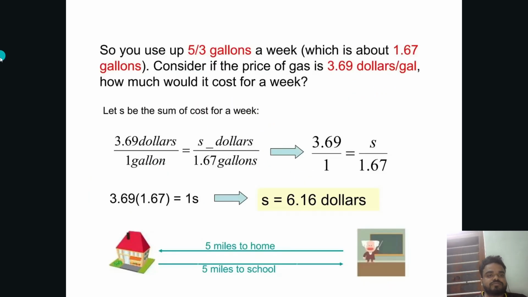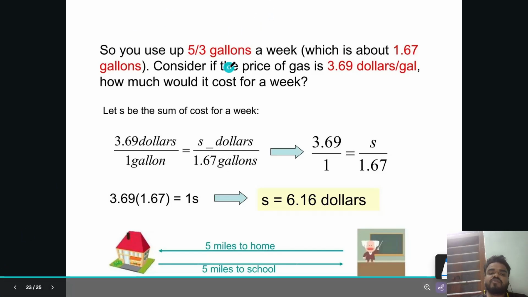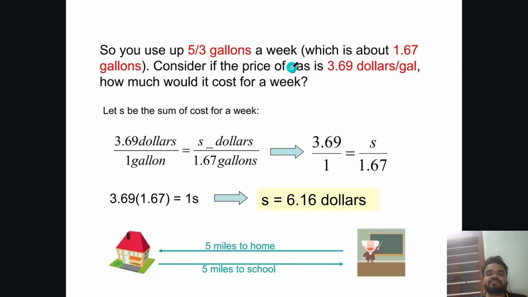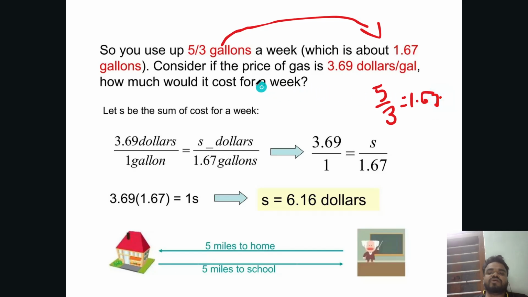One more question. So you use up 5 by 3 gallons a week. If you convert it to decimal form, it becomes 1.67. That means 5 by 3: 3 ones are 3, then 2 carry, then 3 sixes are 18, and so on. So in decimal form, 5 by 3 becomes about 1.67 gallons. Now consider if the price of gas is $3.69 per gallon, how much would it cost for a week?